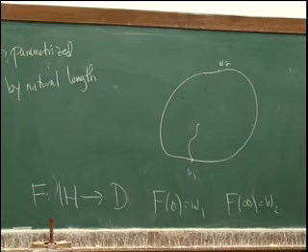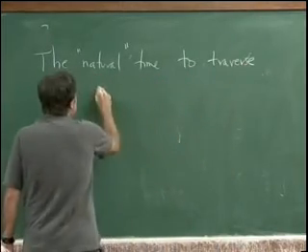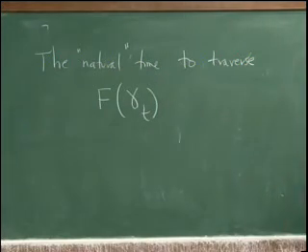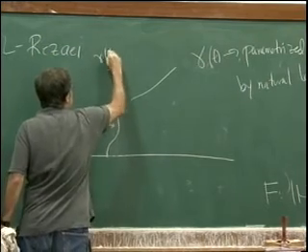And the transformation rule is the following. So the natural time, i.e. the time using natural parameterization to traverse f of gamma t, is the integral from 0 to t of f prime of gamma s to the d ds. So remember, I'm using gamma t for the whole curve and gamma of t for that point.